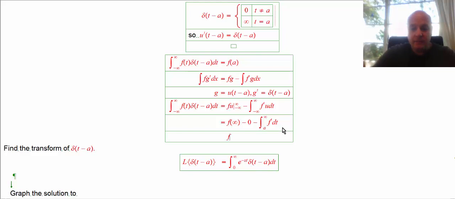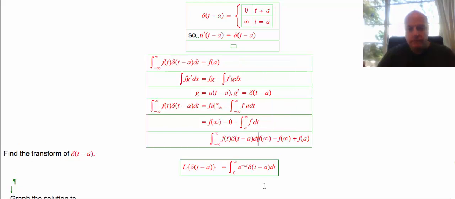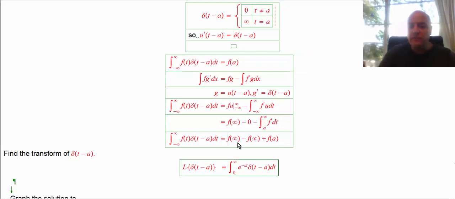So here I've got f at infinity minus f at a, sub in the top minus sub in the bottom. So whatever these f at infinity limits are, they cancel each other out.